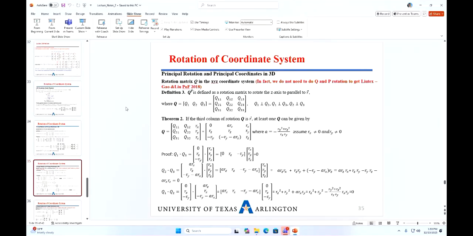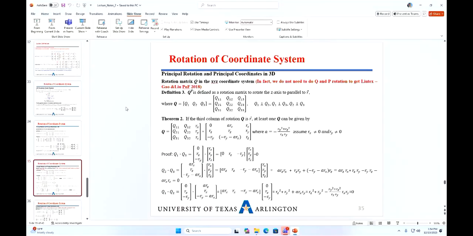Q2 orthogonal to Q1, Q3 orthogonal to Q2, Q3 orthogonal to each other. According to this, we can find the other Q1 and Q2. Q3 we already found. Q3 is a new text.